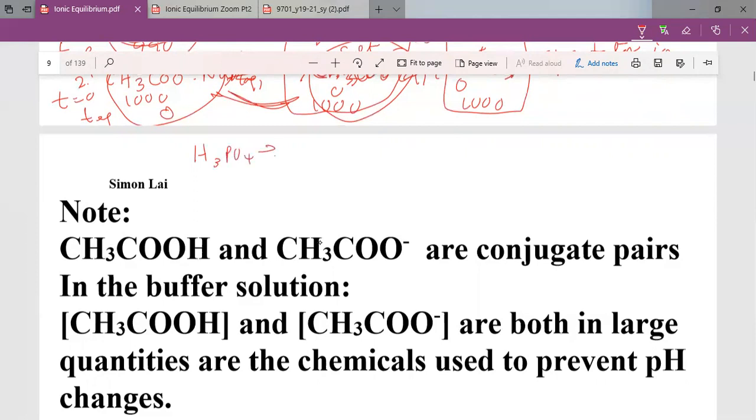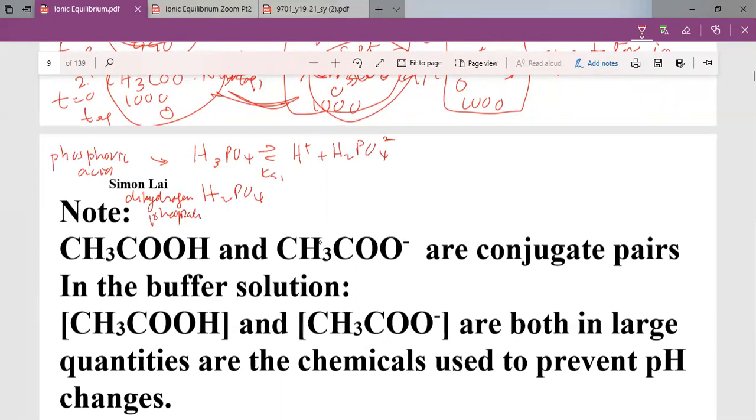PO4, you can ionize to give you the first Ka, K1, which gives H plus and H2PO4 minus. H2PO4 minus is dihydrogen phosphate. This trihydrogen phosphate is called phosphoric acid, by the way. You've done it in Form 5, remember? This is your dihydrogen phosphate.